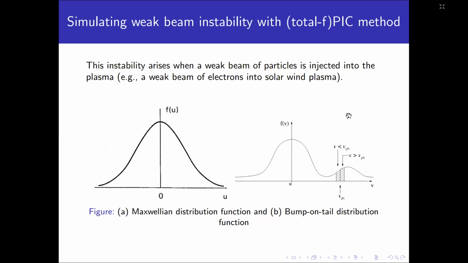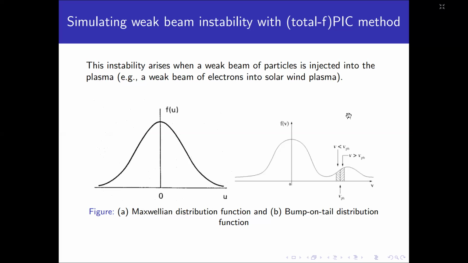Then, because this weak beam of electrons enters the plasma, we will have something like this little bump on tail. In fact, this type of instability is sometimes called bump-on-tail instability, because these new electrons will combine with the electrons we have on the tail with high velocities, and then the distribution function will have this little bump here, okay?